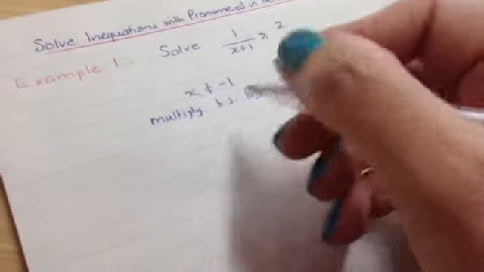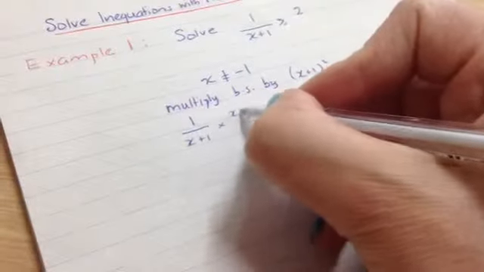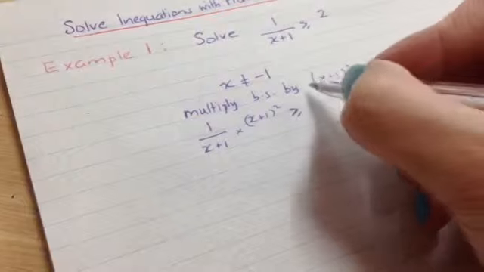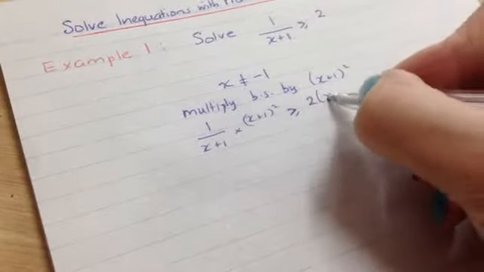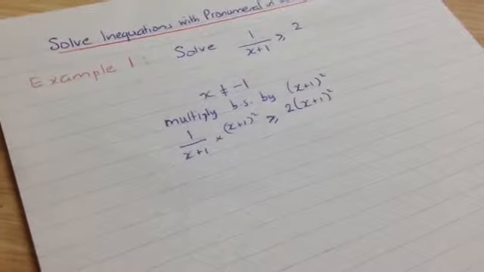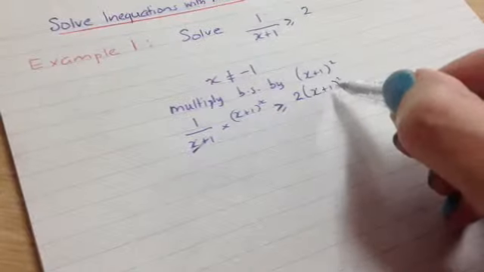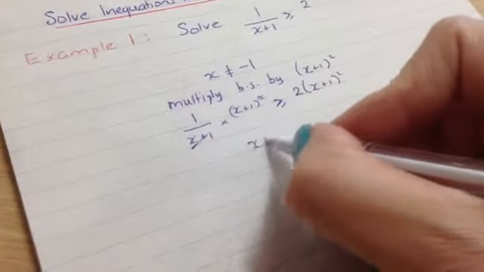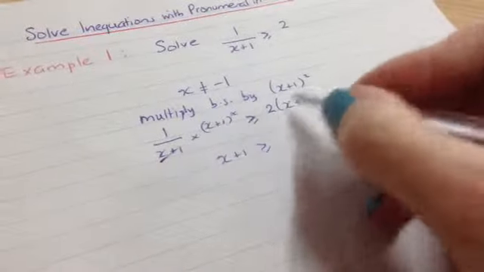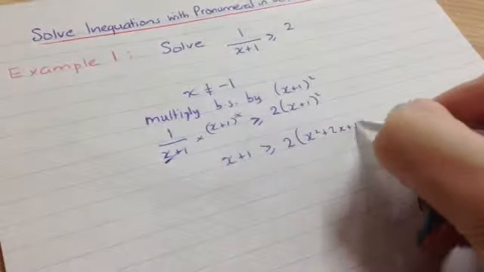We write 1 over (x + 1) times (x + 1) squared greater than or equal to 2 times (x + 1) squared, and simplify both sides. That will cancel with one of those, and then you have to expand that side. So the left-hand side will be x + 1 greater than or equal to 2, and then expand that: x squared + 2x + 1.